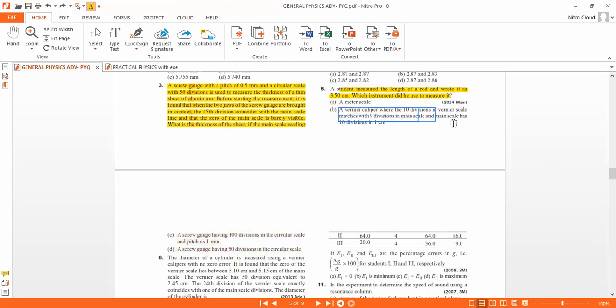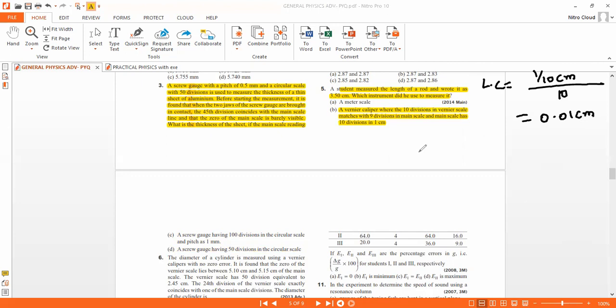This one, a vernier calipers where 10 divisions in the vernier scale match with 9 divisions. Least count is value of one main scale division, that is 1 by 10 centimeter, divided by number of vernier scale divisions, that is 10. So least count is 0.01 centimeter.